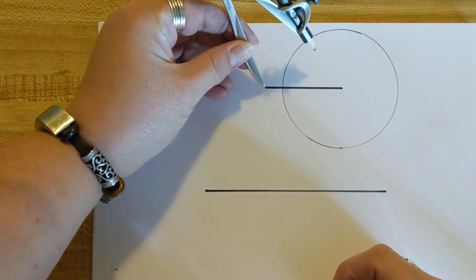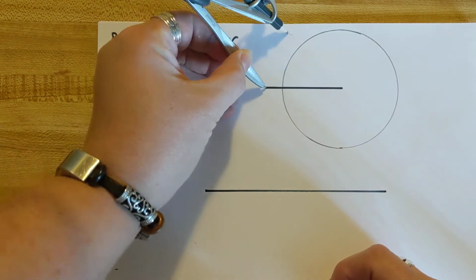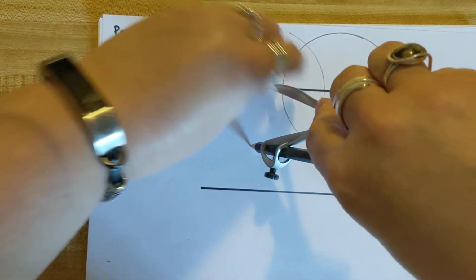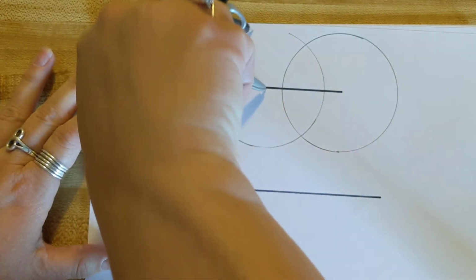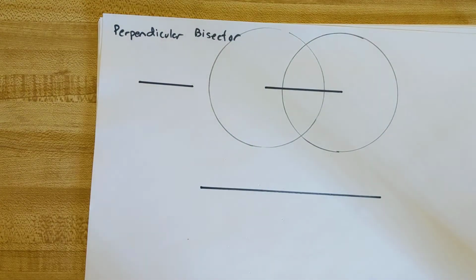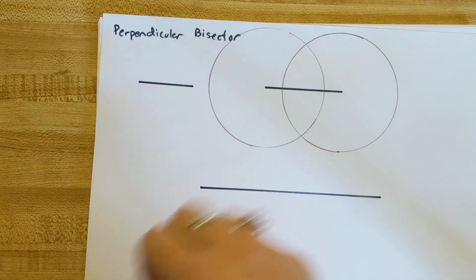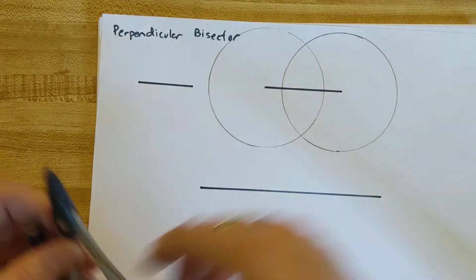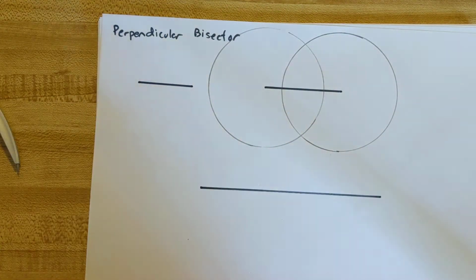Then I come to the other end of the segment and draw a circle that has the exact same size, exact same radius, so I don't change my compass. Because I made the compass setting more than half, the two circles overlap.